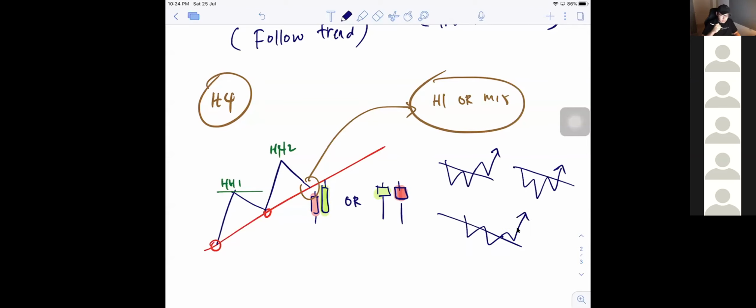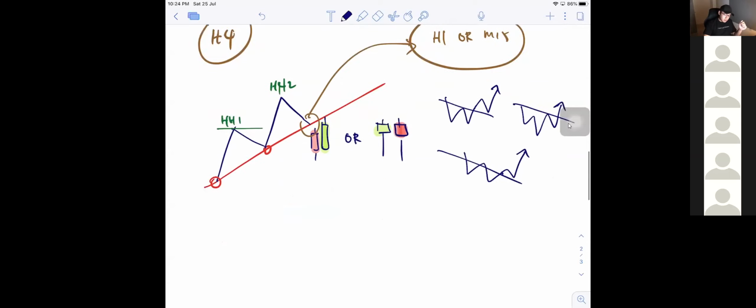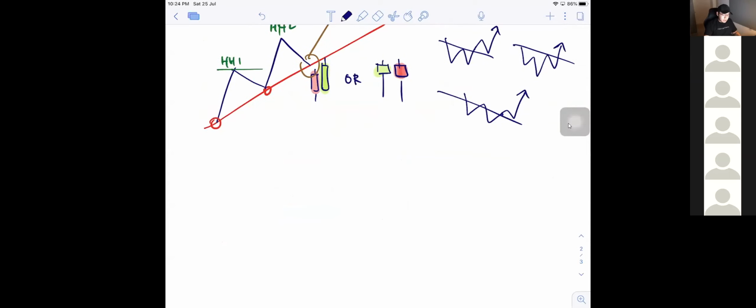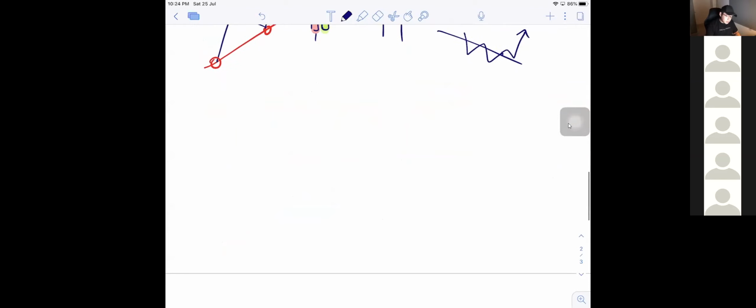So this is how you stack up the confluences between H4 and also H1 or M15. Okay, the next one I'm going to talk about is a selling example.